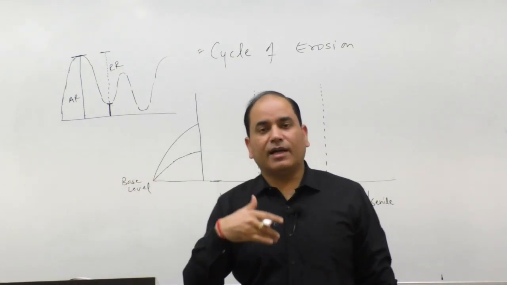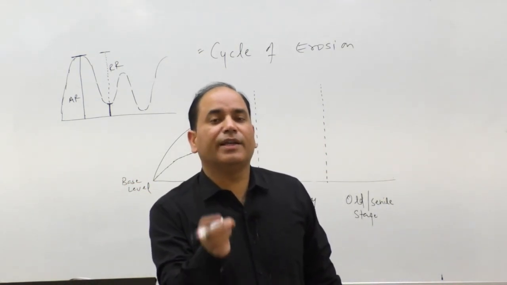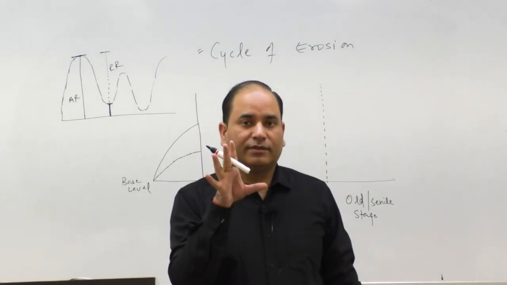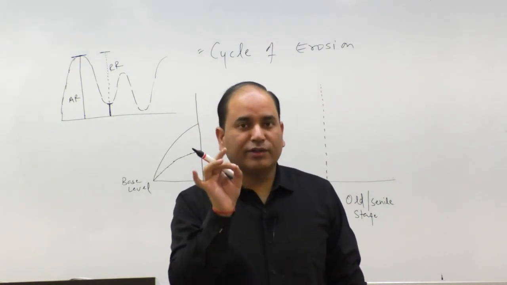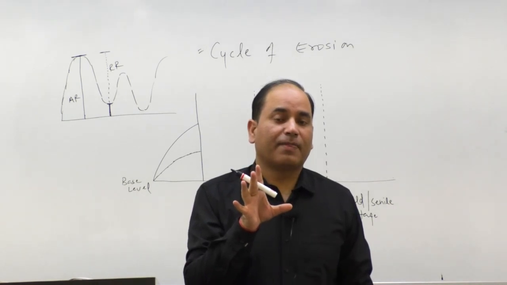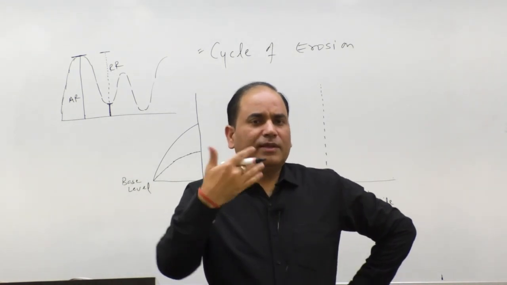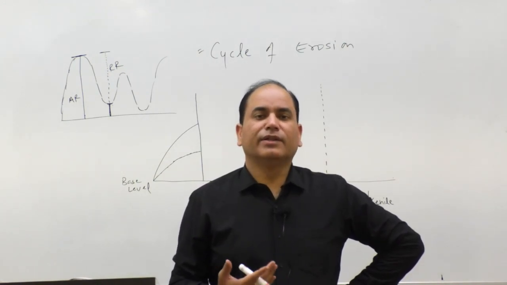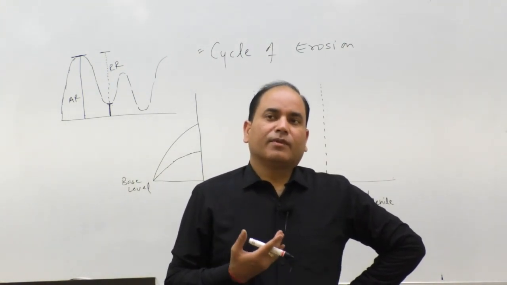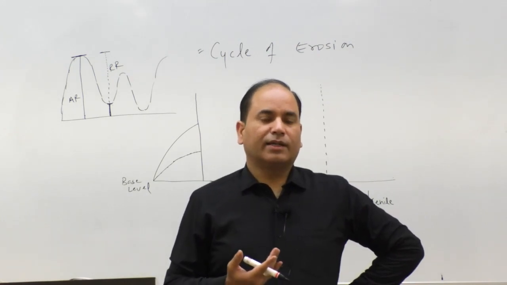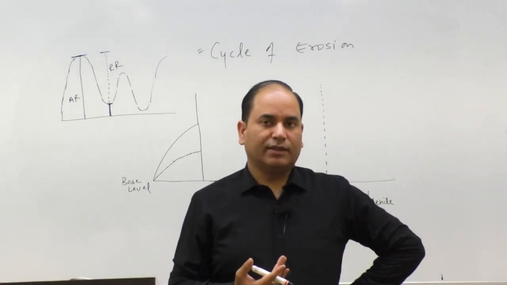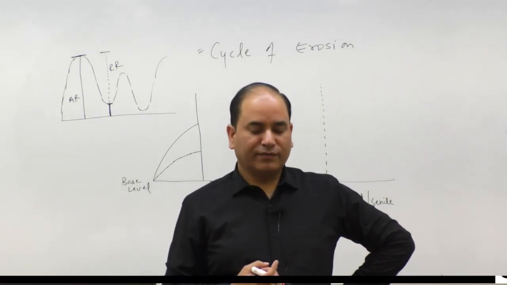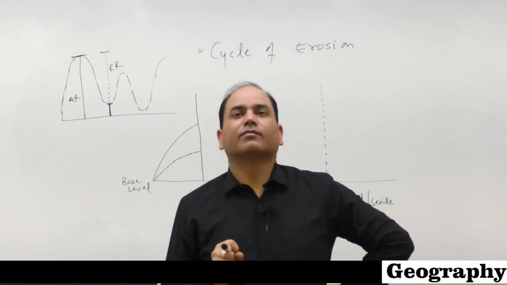And when we have the upliftment, there will not be any kind of exogenic forces. Only endogenic forces are active. This is one of the very big criticisms of Davis, because he considers that only endogenic forces will be active, not the exogenic forces. In fact, as I said, both endogenic and exogenic forces work in tandem.